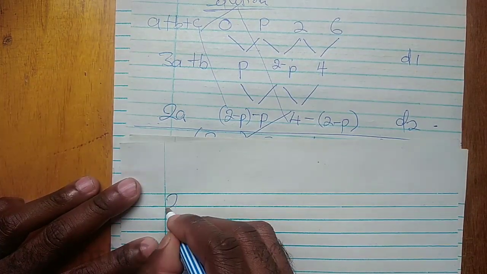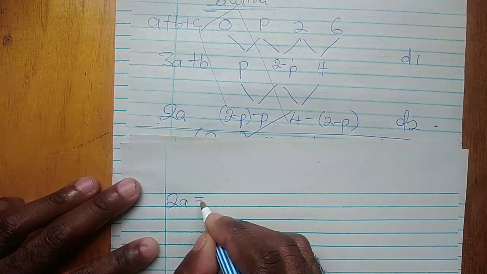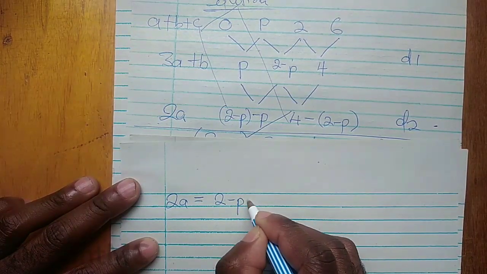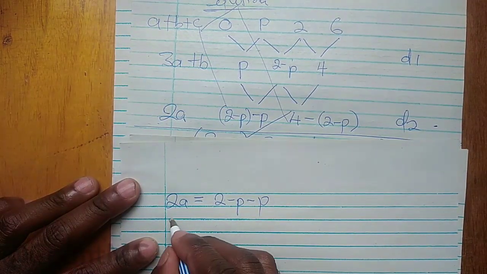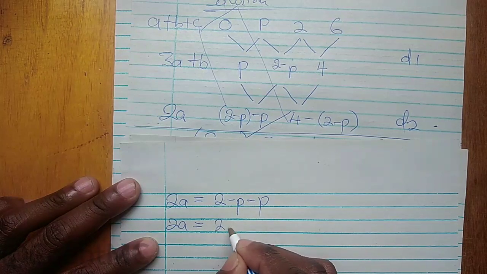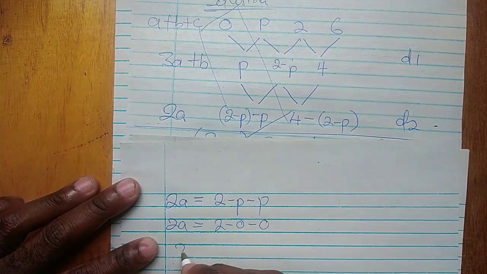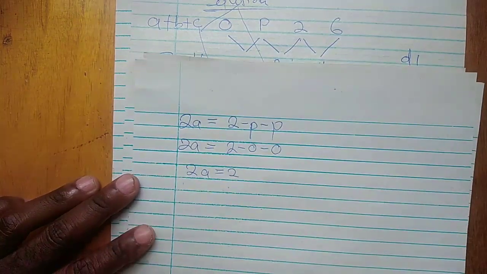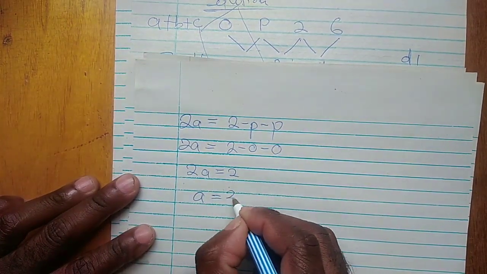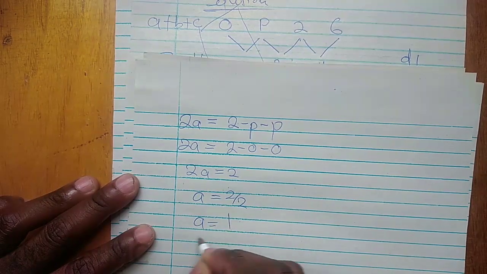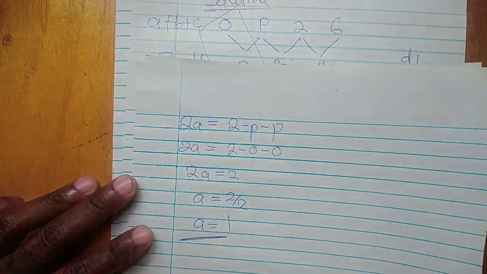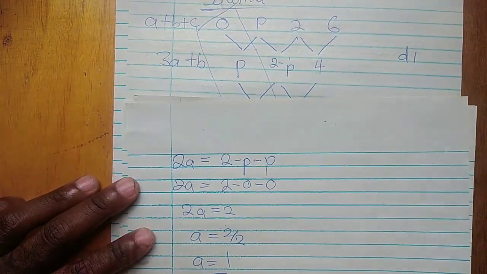So let's start. 2a is equals to 2 minus p minus p. 2a is equals to 2 minus 0 minus 0. 2a is equals to 2. A equals to 1. We've managed to find a.